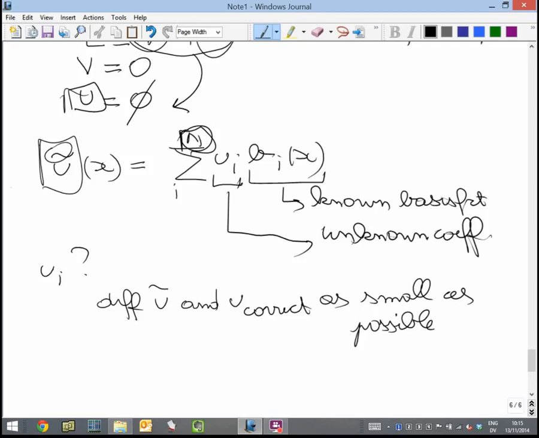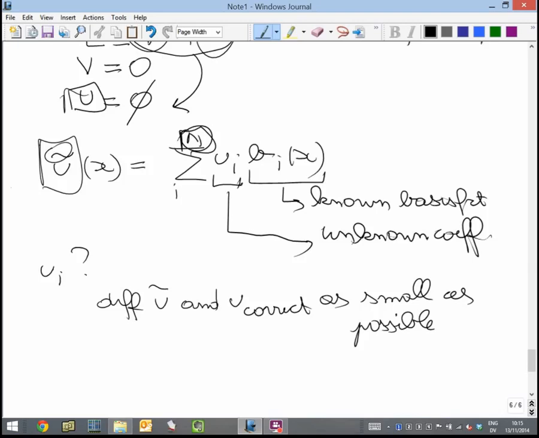You will not find a set of basis functions if you try to make the difference as small as possible. So you want to make the difference as small as possible, but you need some sort of criterion to evaluate that difference. Otherwise, you're just shooting in the dark. But can you construct a criterion which evaluates the difference between U tilde and U correct?